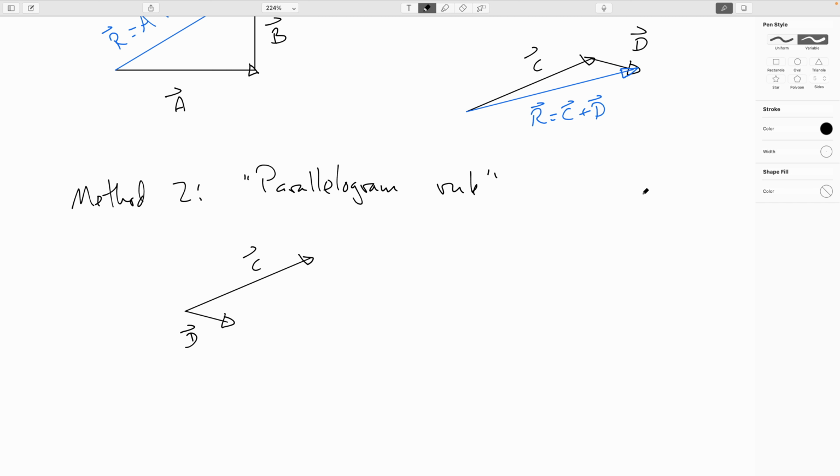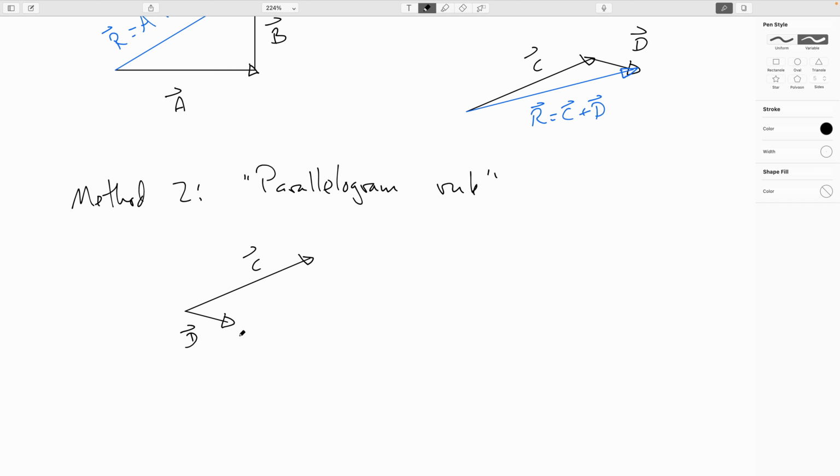So my vector C and D here, I'm imagining that these are two sides of a parallelogram. And what I will do is I will imaginarily complete the other two sides of the parallelogram. So going from here, I will go out parallel to my vector C like that. And here I will go out parallel to my vector D like that.